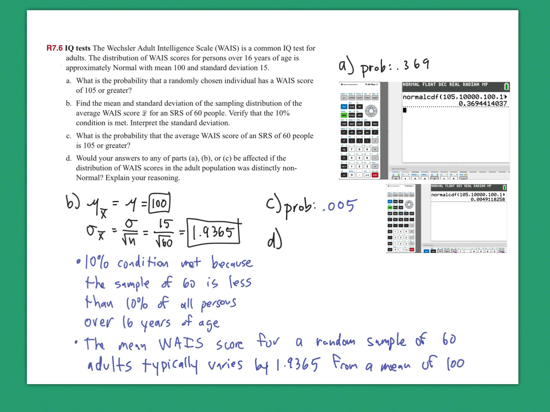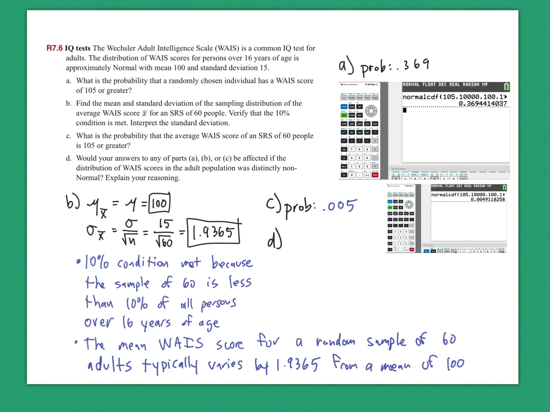For part C, what's the probability that the average WAIS score of 60 people is 105 or greater? Since the sample size was bigger than 30, by the central limit theorem, no matter what the shape of the population was, our sampling distribution is going to be normal.